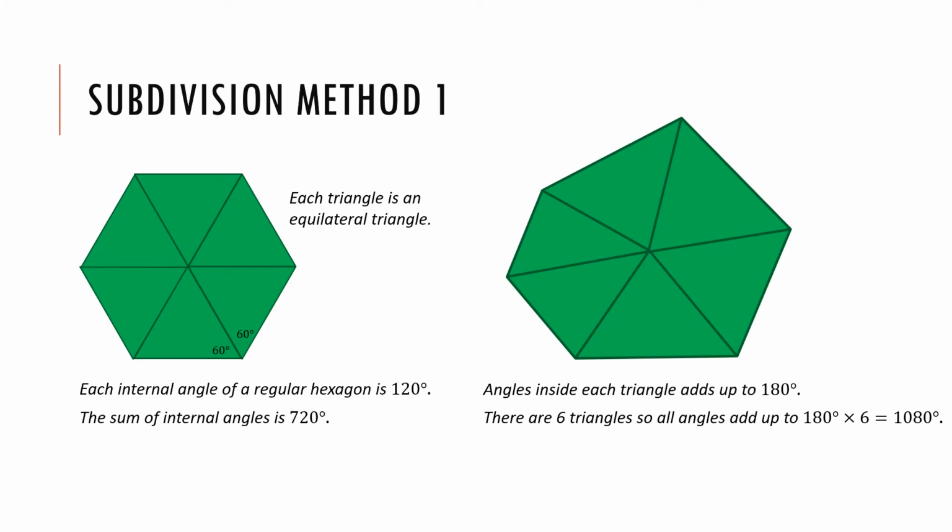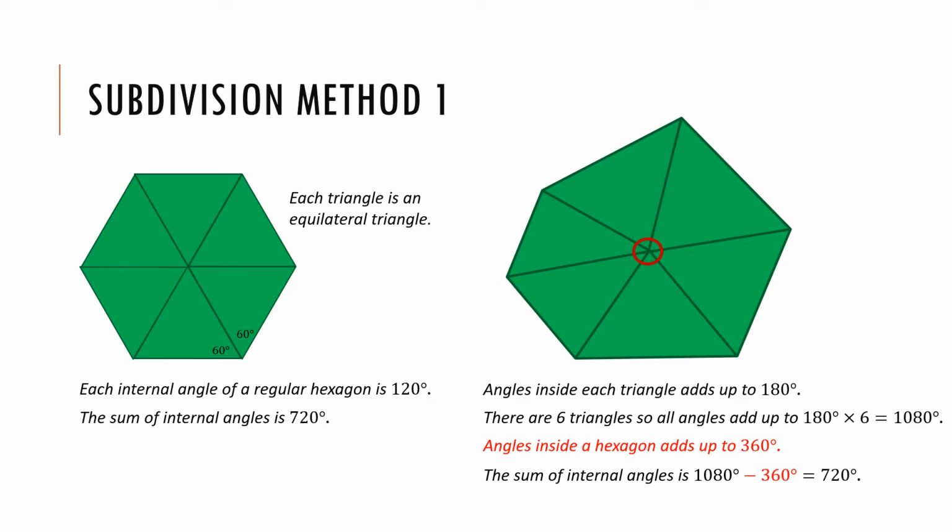Since we have 6 triangles, all the angles add up to 1080 degrees. But the angles at the center total 360 degrees. So the sum of internal angles is 1080 minus 360, which is 720 degrees. You notice that these two answers are consistent.